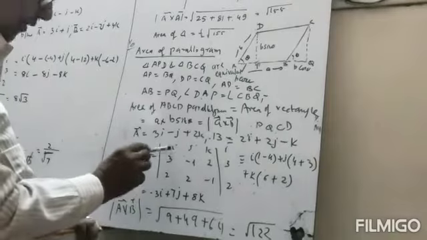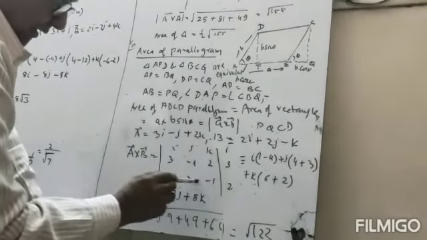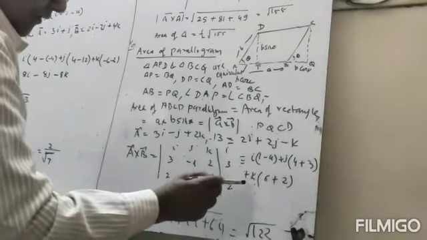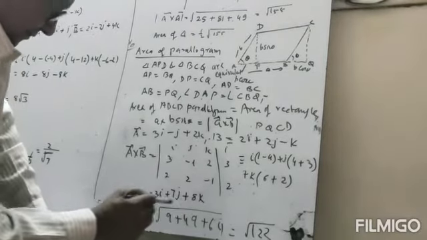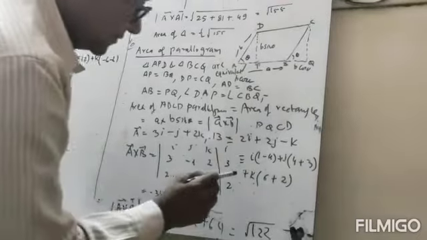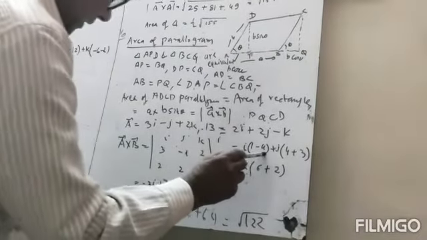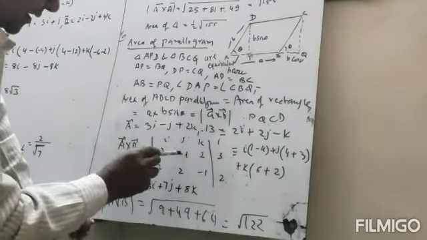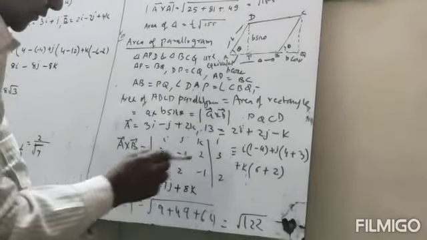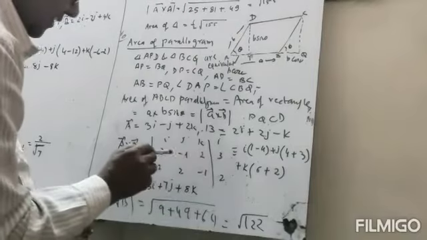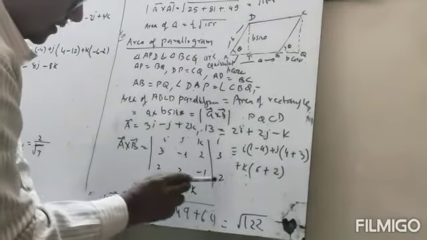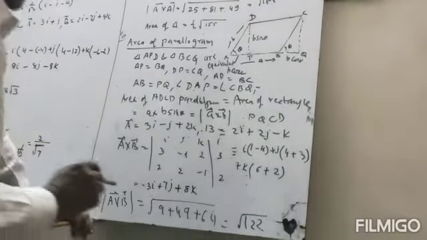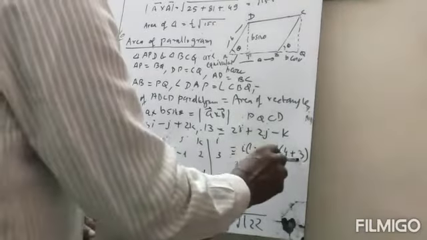So it will be i multiplied by 1 minus 4, that is -3. j is 4 plus 3, so 7.